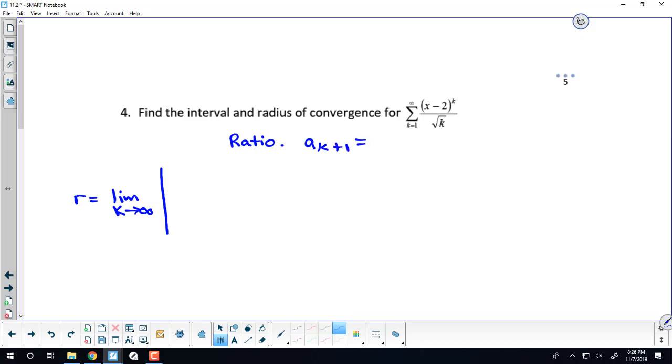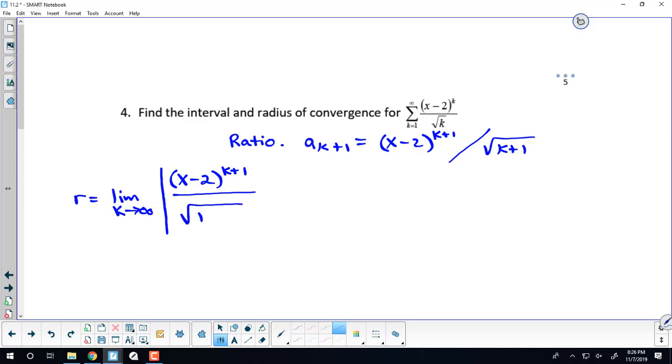The (k plus 1)th term, x minus 2 to the power of k plus 1, all over the square root of k plus 1, times square root of k over x minus 2 to the k.